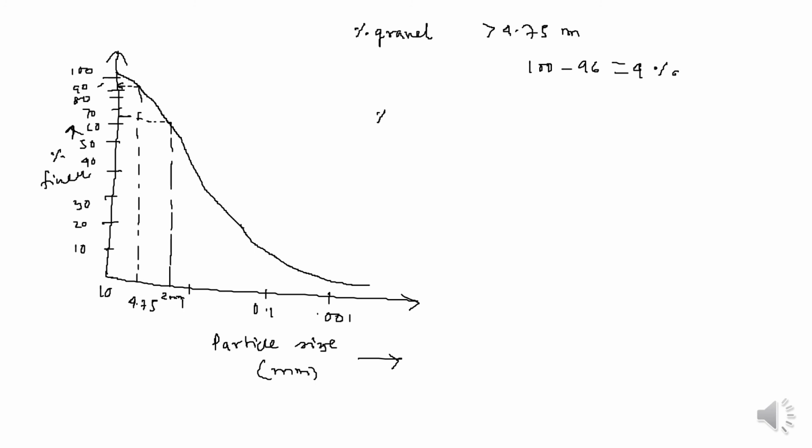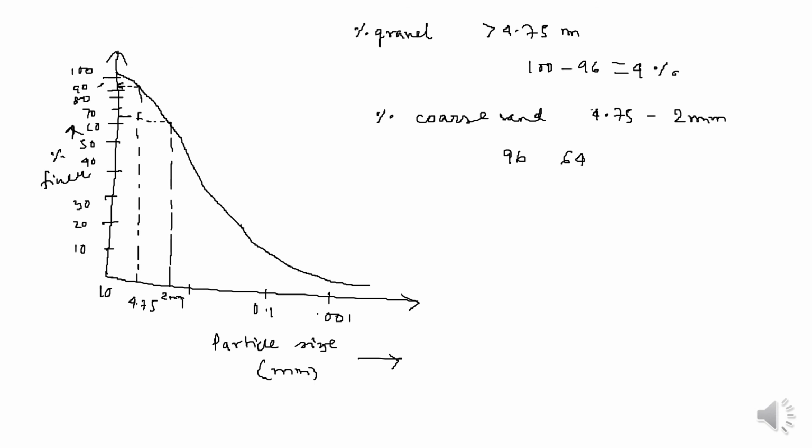Now we are asked to find the percentage of coarse sand, which according to the IS code has particles ranging from 4.75 to 2 millimeter. From the table, the percent finer corresponding to 4.75 millimeter is 96%, and finer than 2 is 64%.